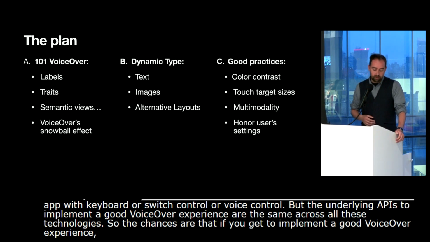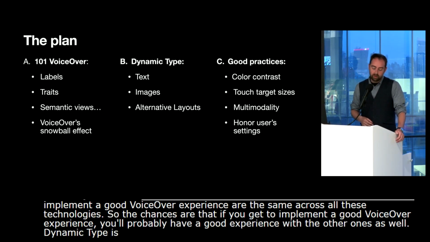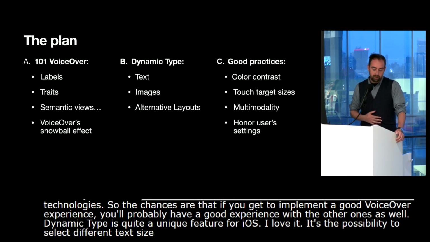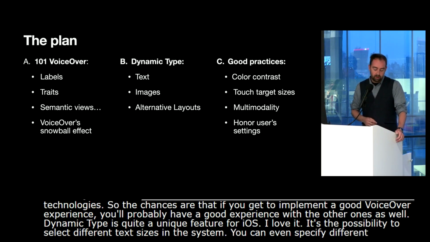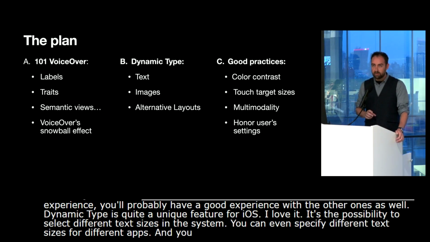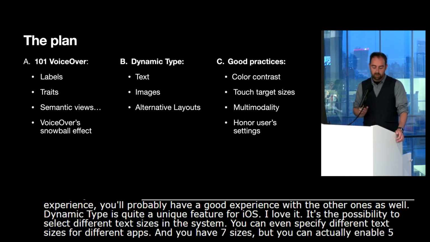Then Dynamic Type is, I think, quite a unique feature from iOS. I love it. It's the possibility to select different text sizes in the system. You can even specify different text sizes for different apps. And you have 7 sizes, but you can actually enable 5 extra accessibility sizes. So it gets pretty big.